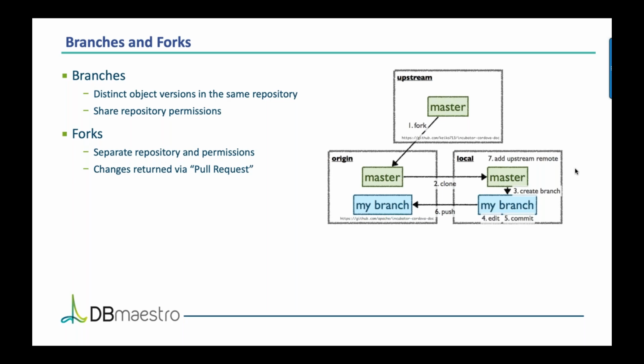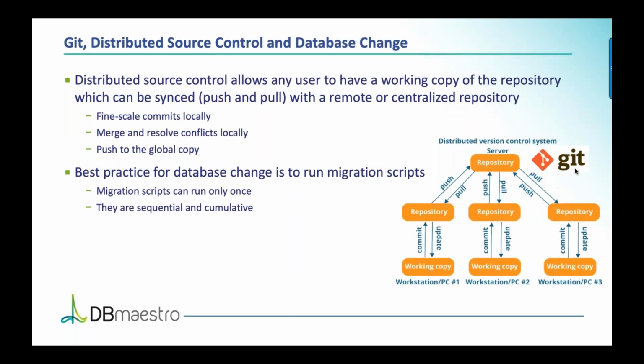So think about where a fork fits in and where a branch fits in, but you'll hear these types of words as we go on. This is all about distributed source control, and that's been the real magic of Git.